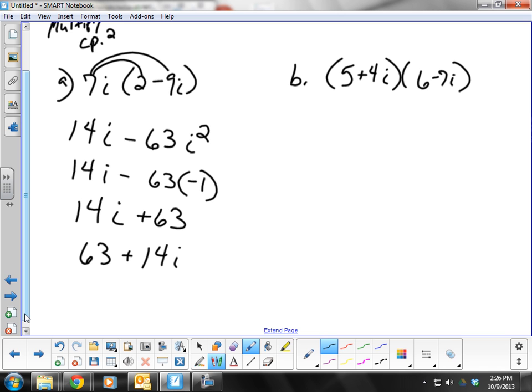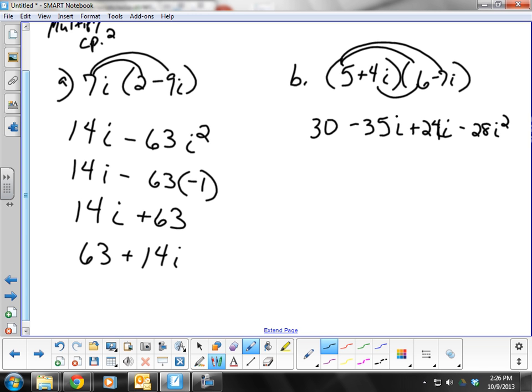What do you think I need to do on the next one? I need to distribute the full, the big distributive, right? So I got 5 times 6, which is 30, minus 5 times 7i, which is 35i, plus 24i, minus 28i squared.